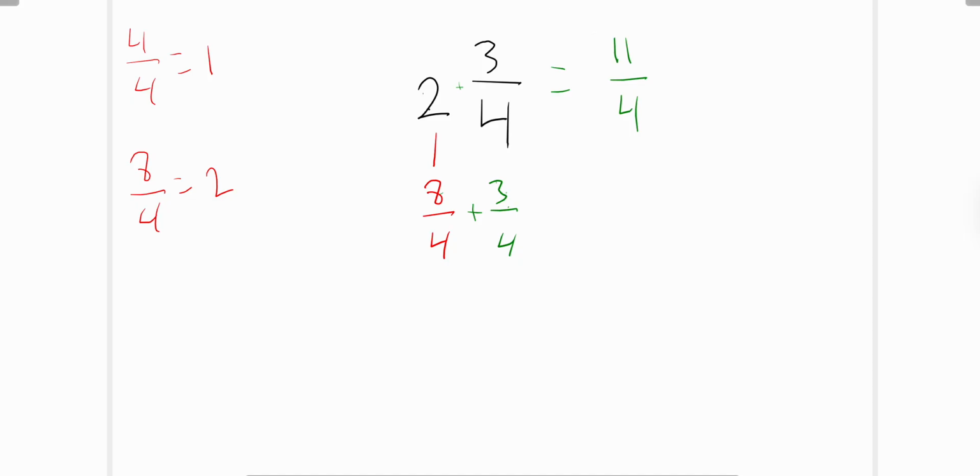And if you were able to use the shortcut to do it really quickly, that's great, but again, to use these shortcuts, I really want you to understand how we decompose and come up with that shortcut. So again, you go like this, 4 times 2, 8, 9, 10, 11. 11/4.